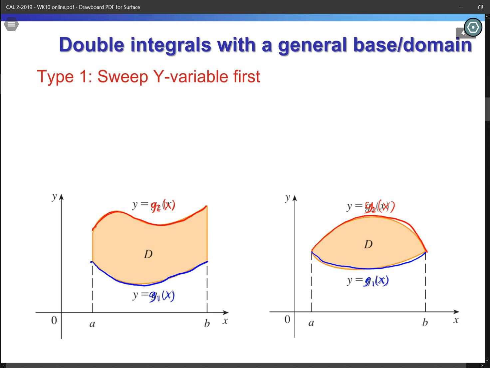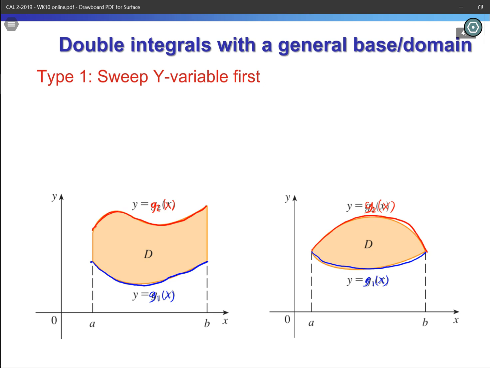If you see this kind of shape, one from below, one from above, you know it's type 1.